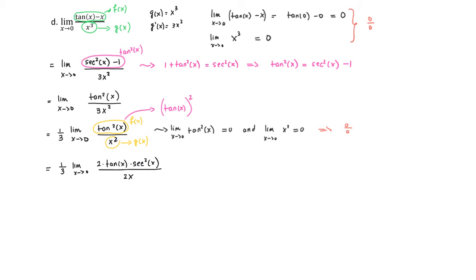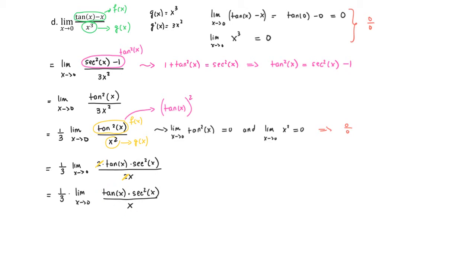Then we are going to cancel these 2 over here, and this is now going to give us 1/3 times the limit as x approaches 0 of tangent of x times secant squared x divided by x. Now in my next step, I am going to separate this product.